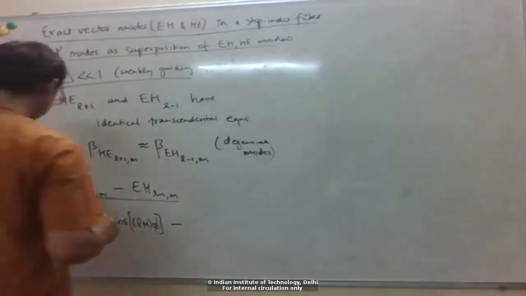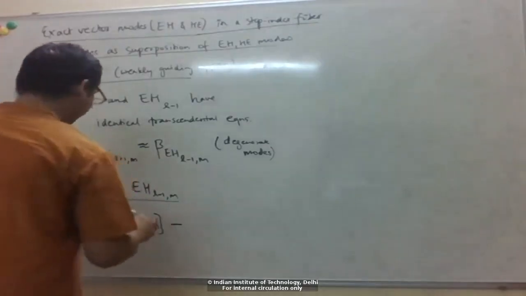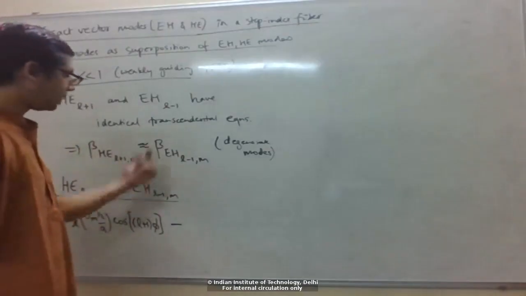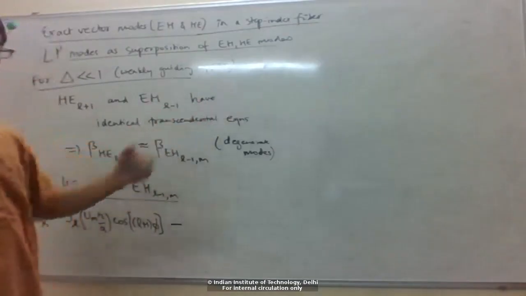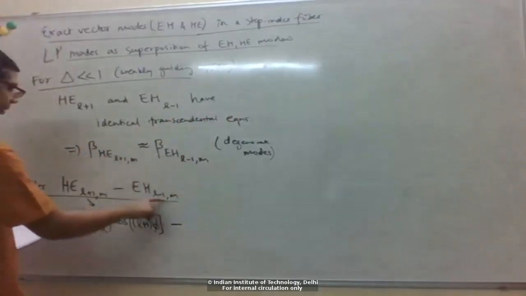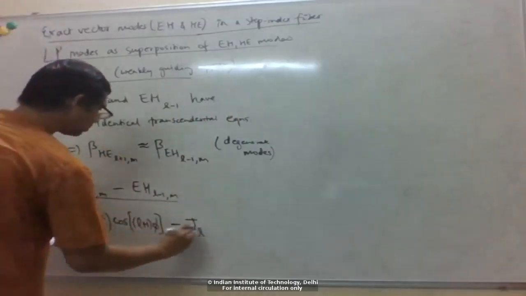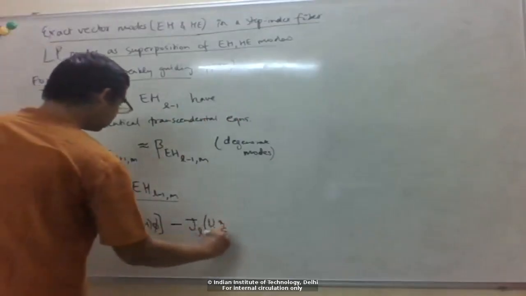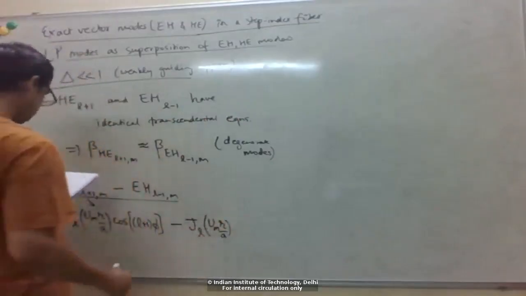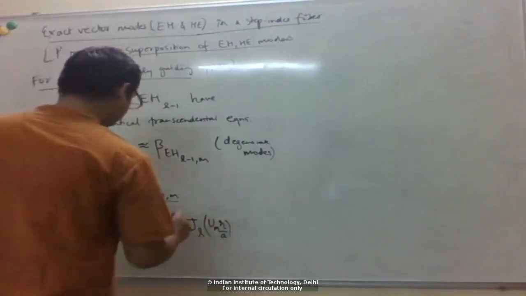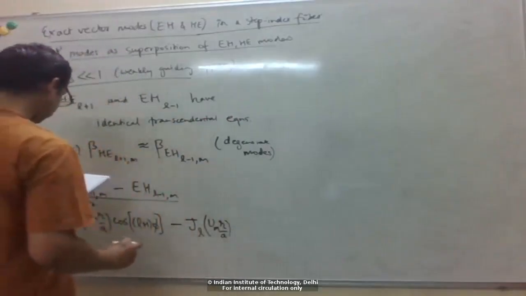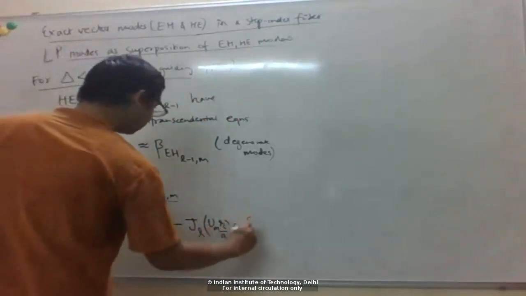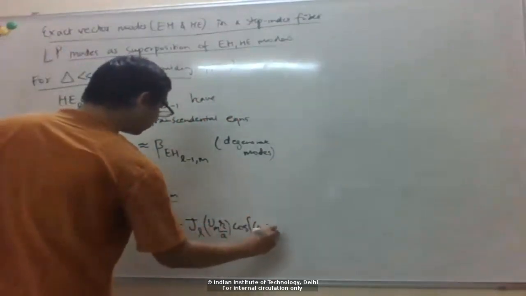Now we take the EH part. EH L had a J L plus 1 dependence for the radial part, so now L minus 1 again will have J L. And here we have L minus 1, so we get cosine of L minus 1.